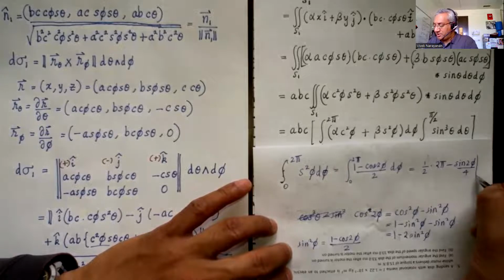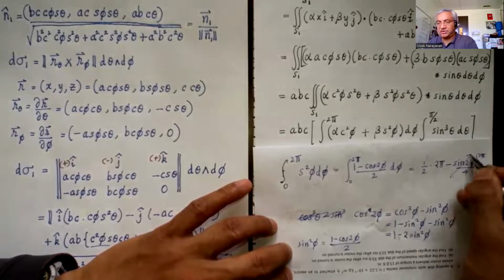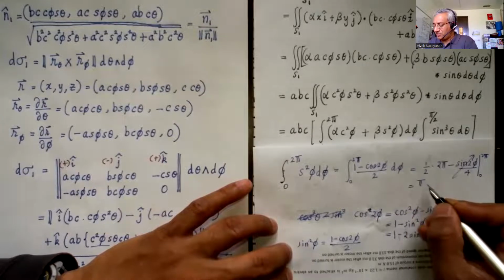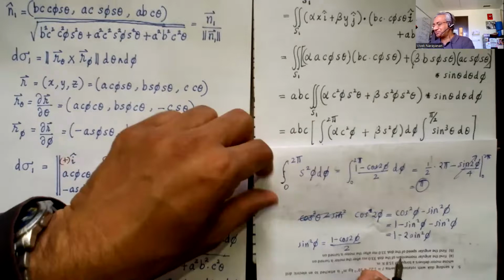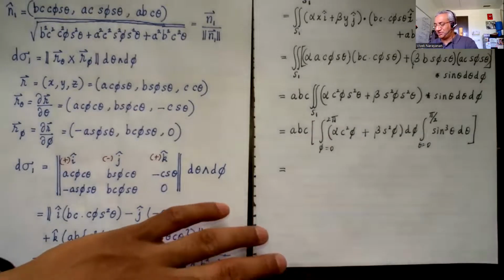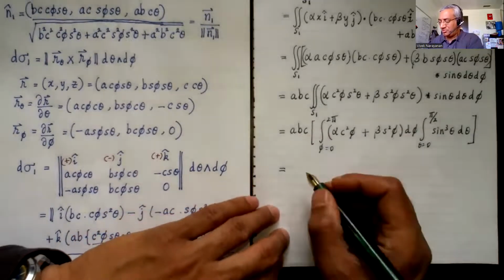And when I take the limit between 0 and 2 pi, that vanishes. So the answer is just pi. Okay, and the same thing for cosine squared. So that's a well-known averaging procedure.